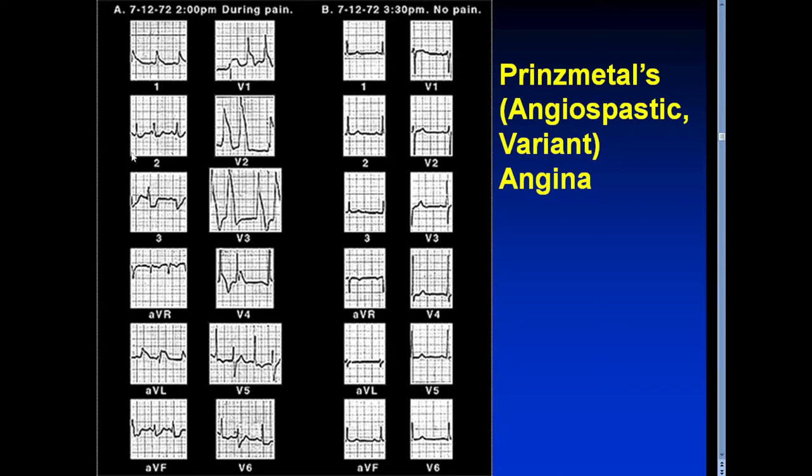And during pain, by the way, it looks resembling an acute stage of MI, and in 1 hour, all the signs of so-called MI already disappeared. And now, at this point, we can establish the diagnosis of variant angina.